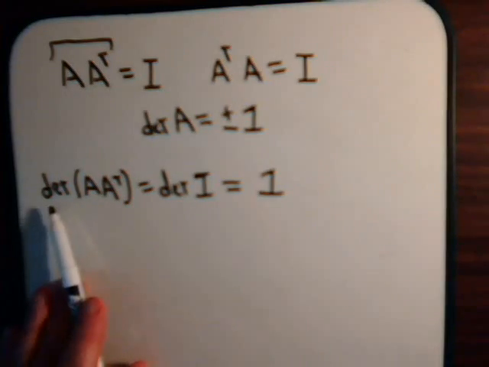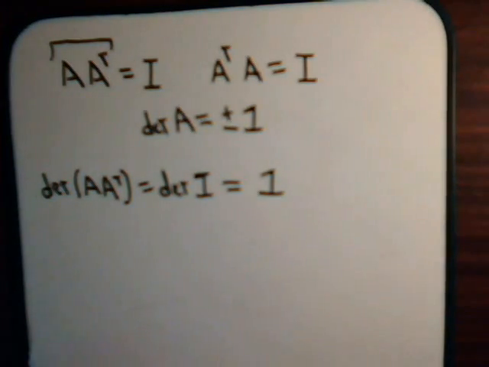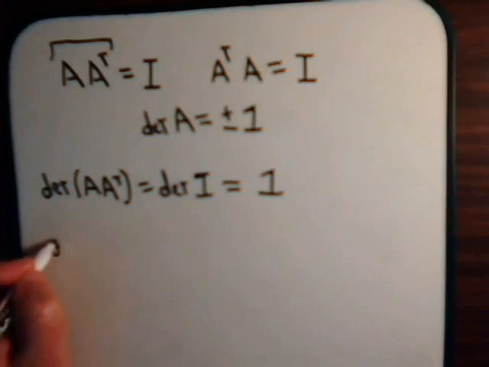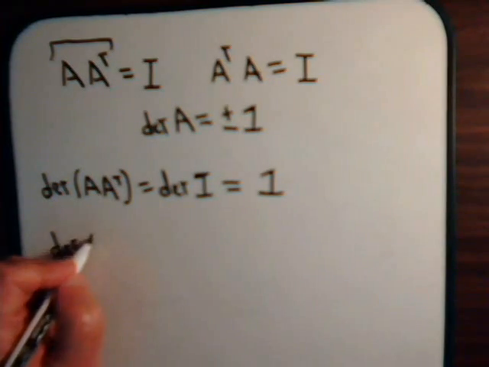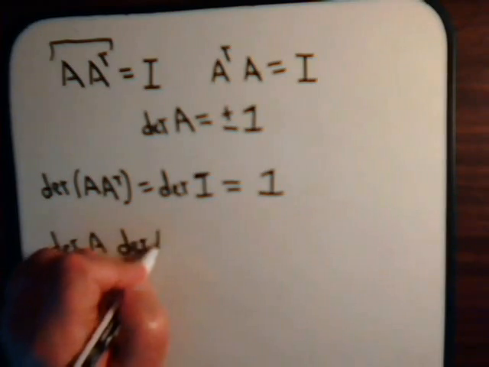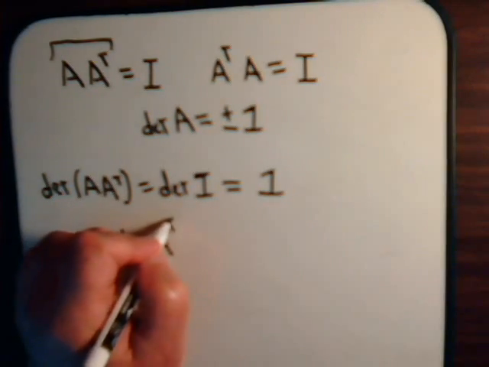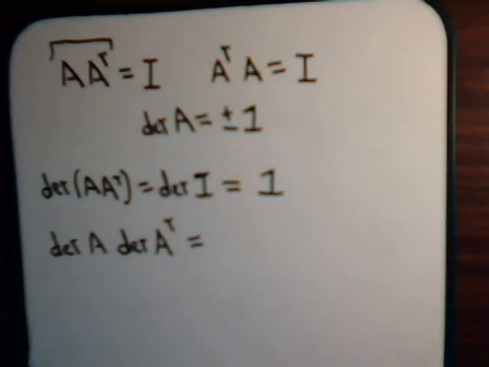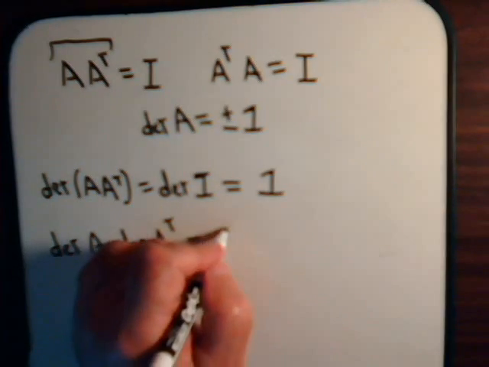Now, we can multiply these out individually. That's one of the properties of determinants. So we have the determinant of A times the determinant of A transpose equals 1.